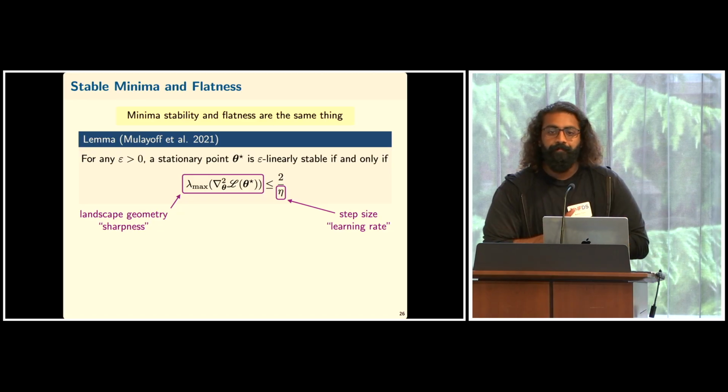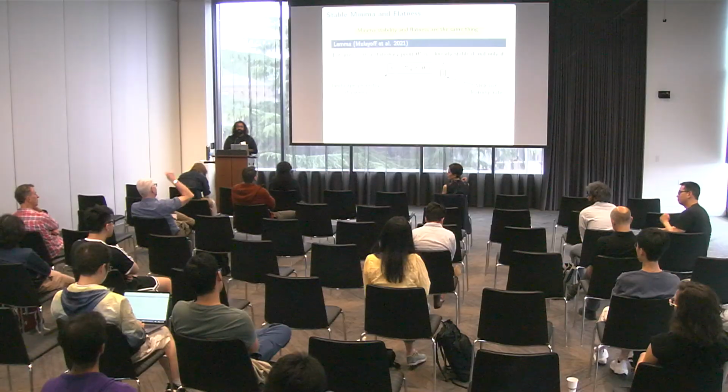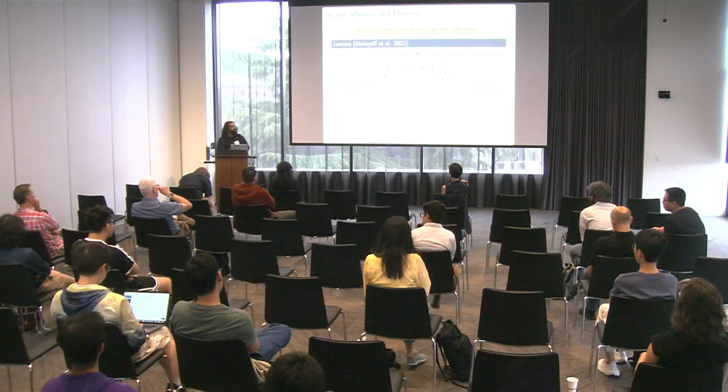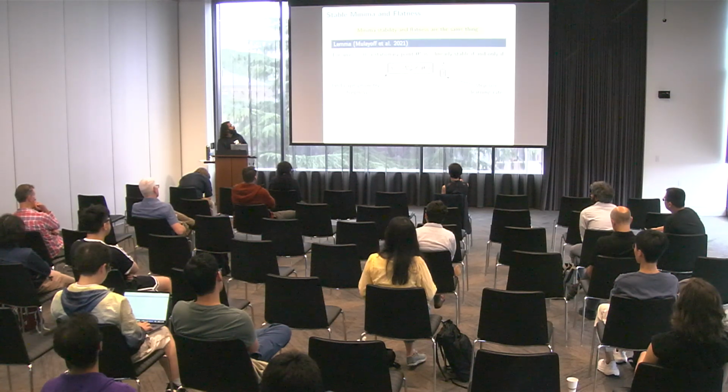Yes? There is a positive definiteness condition as well, because if theta star is a saddle point, it'll tend to run away with the gradient. So this is because we're linearizing the dynamics. This result is for the linearized dynamics. For vanilla gradient descent, that would happen, but because we're looking at these linearized dynamics, I think that's why they could get this result.